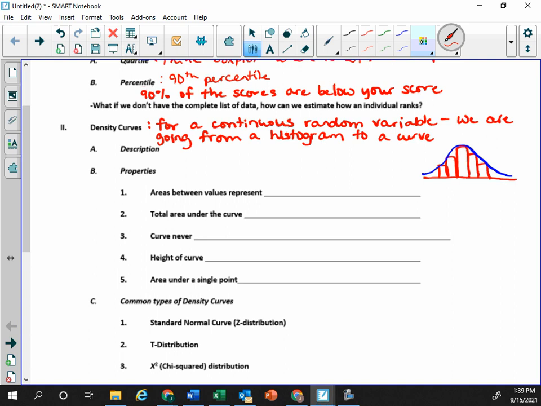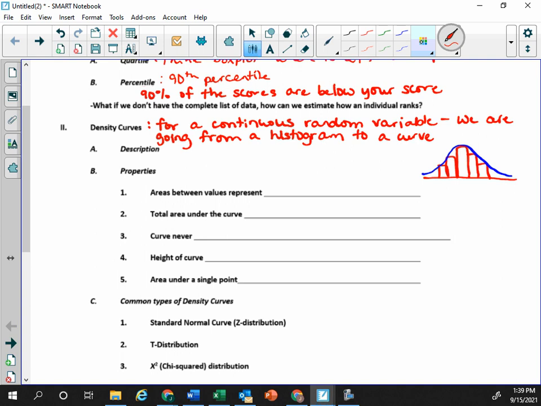Okay. All right, some properties of our density curve here. If we have areas between two values, like two different ACT scores, the area in between represents the proportion of observations that fall in that interval. You guys in calculus have learned about area under the curve. We're going to talk about that a little bit.